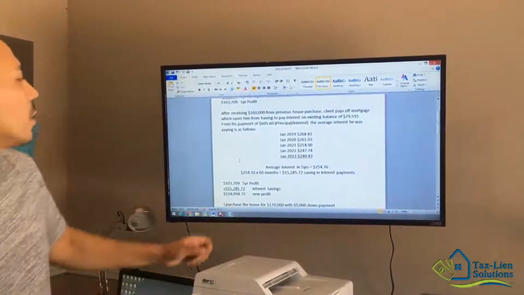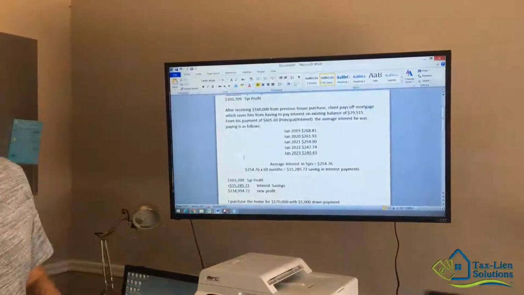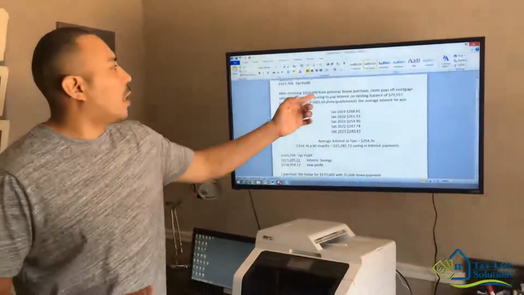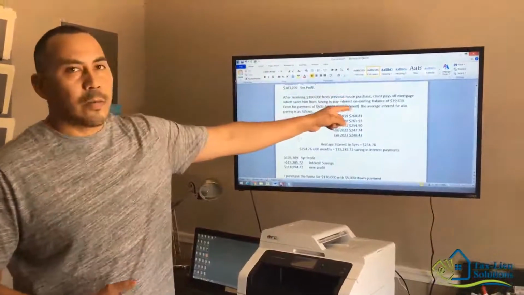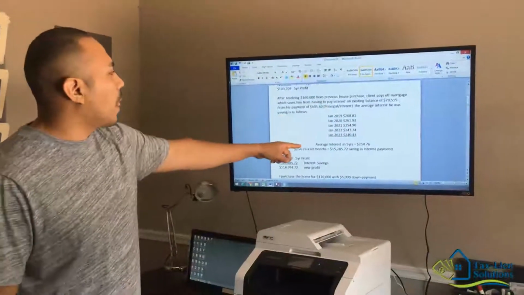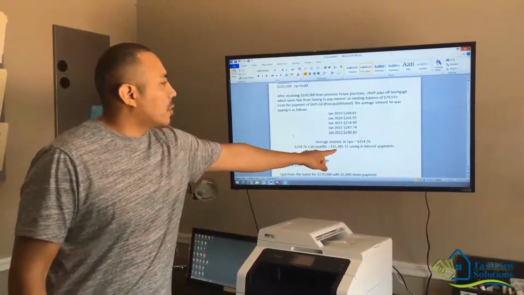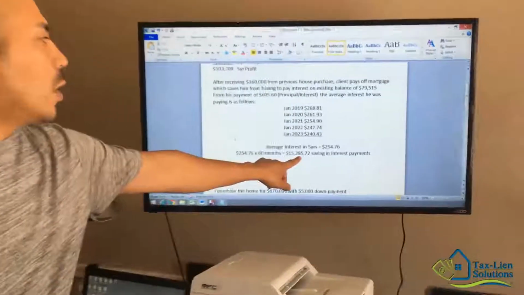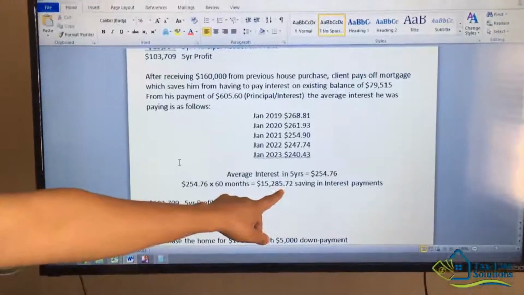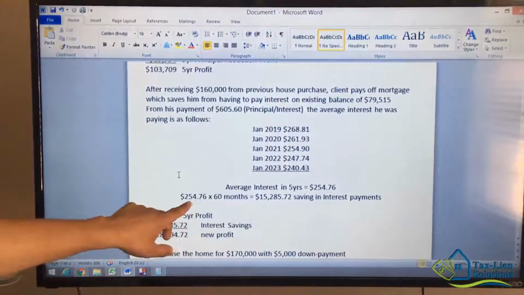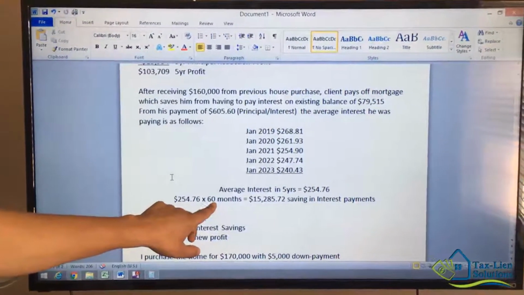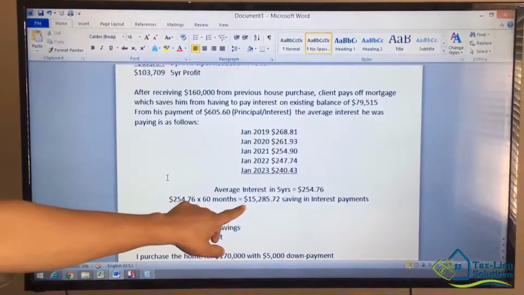you an idea. So over the course of 60 months, okay, if he pays off using the 160, he goes and he pays off his balance of $79,515, he's going to be saving himself in interest $15,285.72 approximately. That's how much he's saving in interest over the course of the 5 years that he's going to finance the property to us.